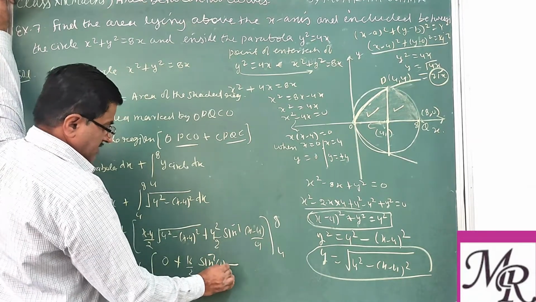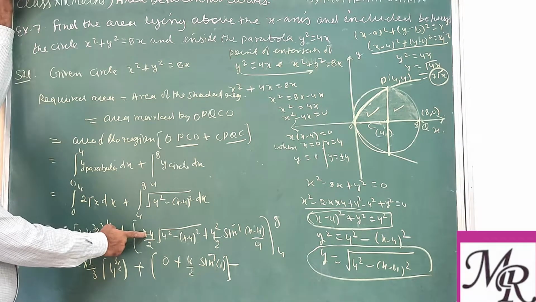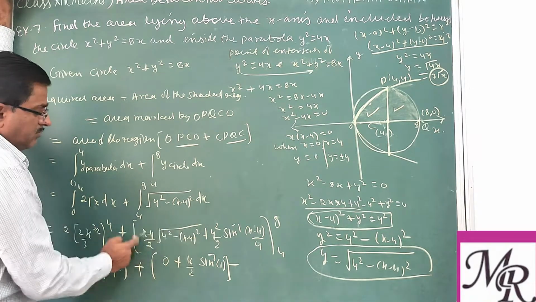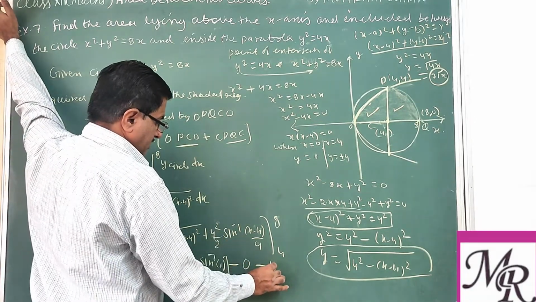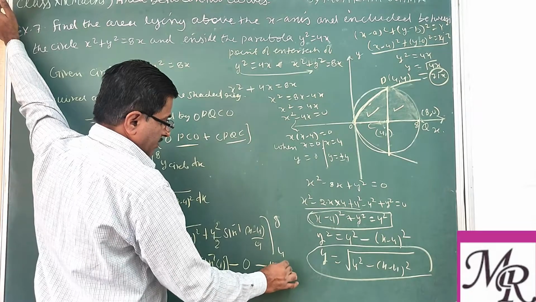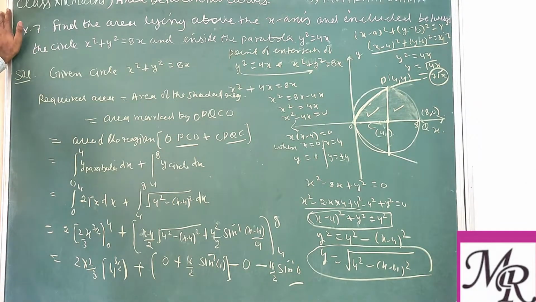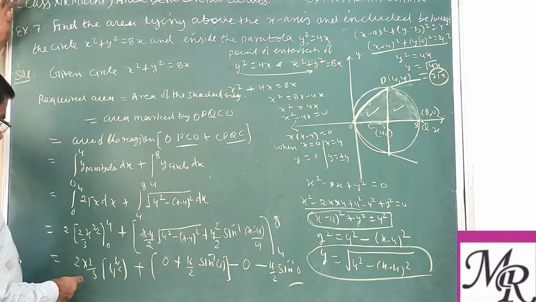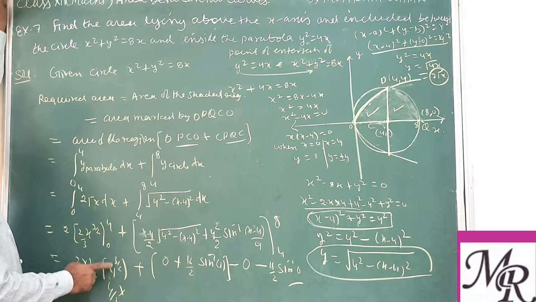Then minus, here we put 4, so this term will be 0, 4 minus 4, again it will make 0. Then minus 16 by 2, sin inverse 0, which will be 0. So finally we get here only 4 by 3 into 4 power 3 by 2.